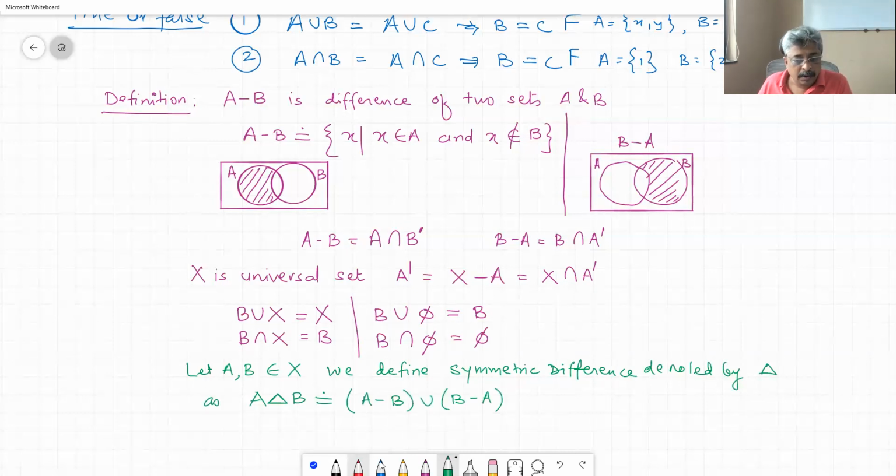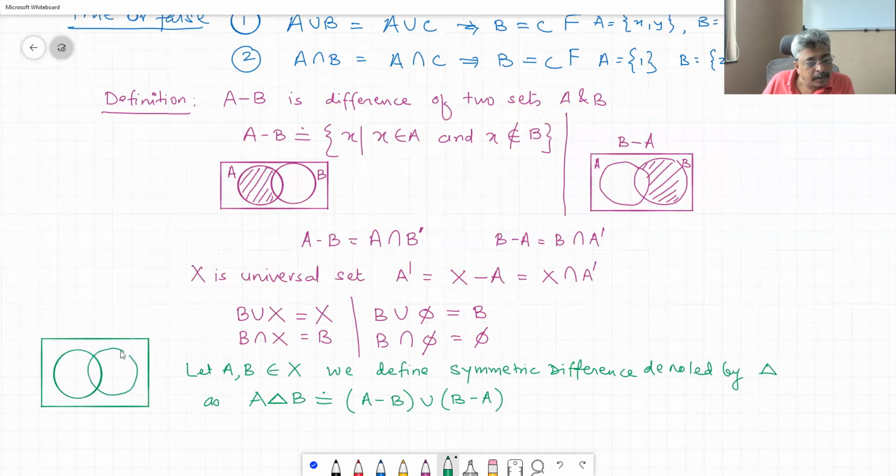So, if we are defining symmetric difference like that, then in the Venn diagram, which particular elements are we talking about in symmetric difference? We are talking about A minus B, which is this, and B minus A, which is this.